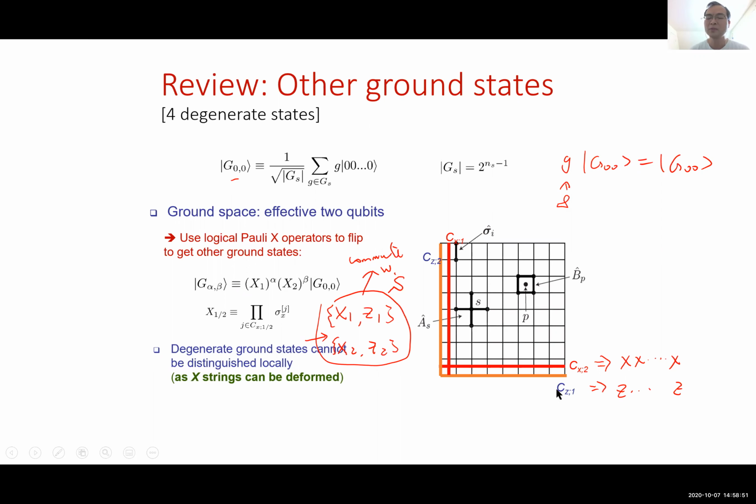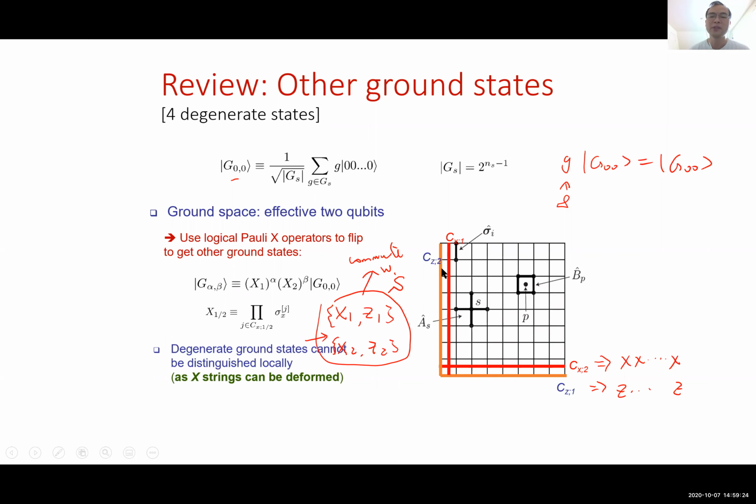And you might see why I have the logical Z operator parallel to the logical X2 operator. The reason is they don't have any edges that cross, right? That means they would commute. These two would commute because they don't have any shared edges, okay? So that defines the 4 logical operators.